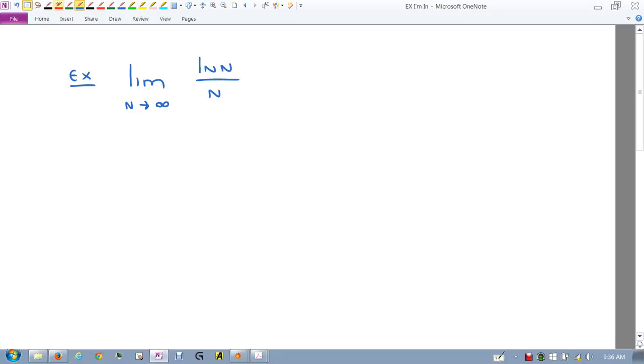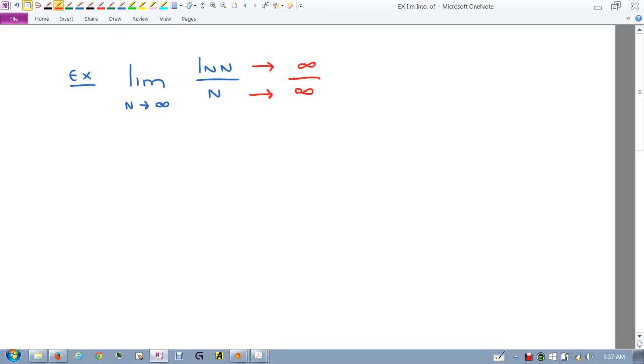What's happening up top? What does natural log of n do as n gets bigger? So that's just asking you, what does the natural log look like? So where's it headed? Infinity, thank you. And where does the bottom head? Infinity, right? So you have infinity over infinity.